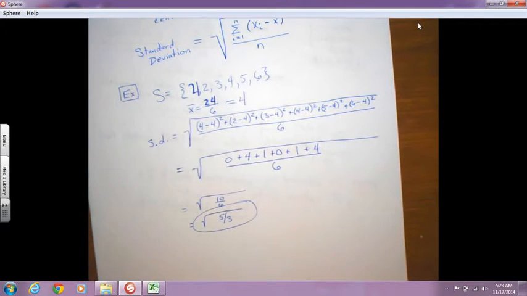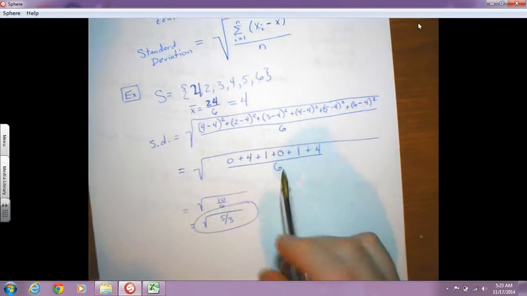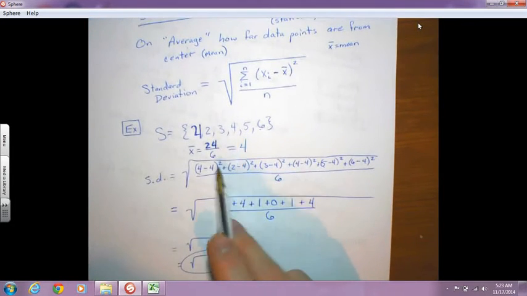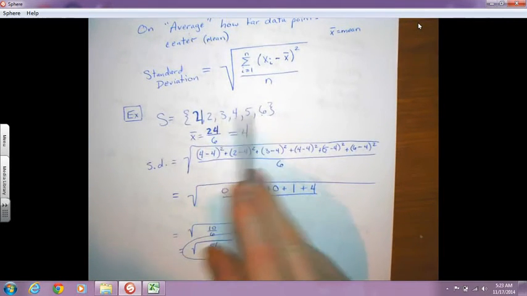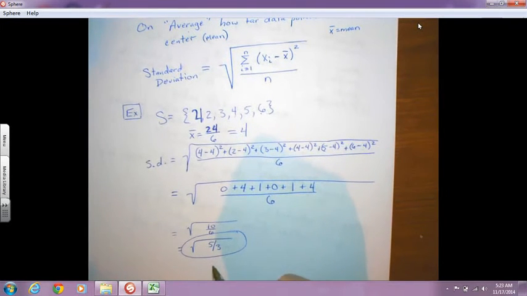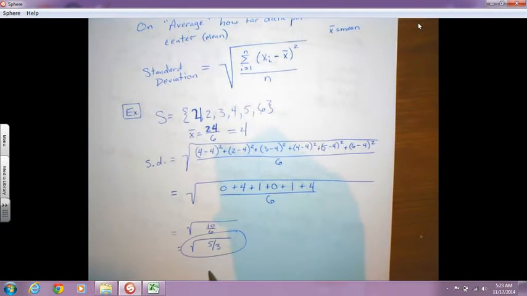So we have a standard deviation, which means that on average, each of these data points up here in our data set is the square root of 5/3 from the center. Now, 5/3 is a little bit less than 2, and the square root of 2 is like 1.3 roughly. So we're a little bit less than that.